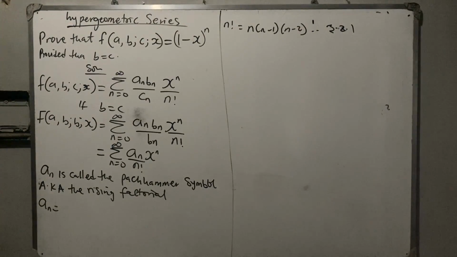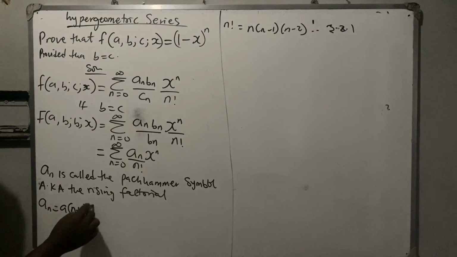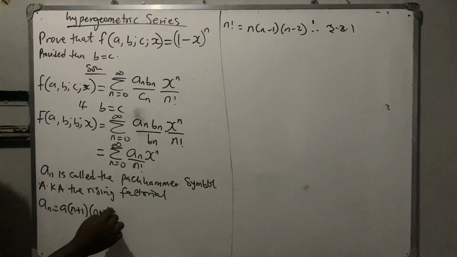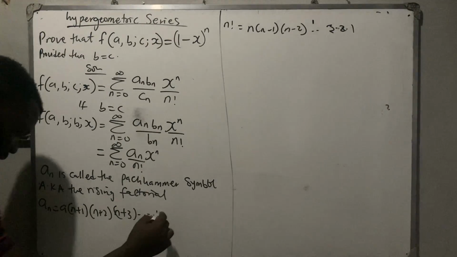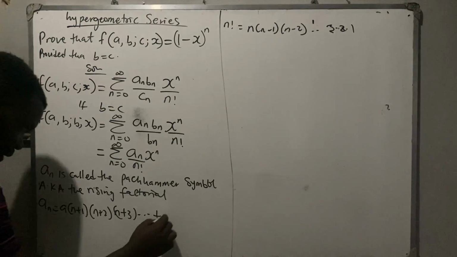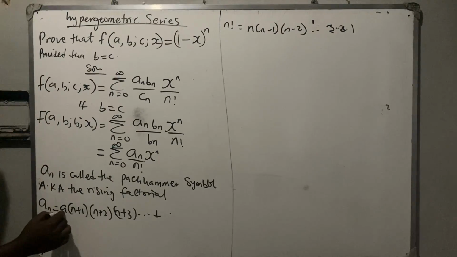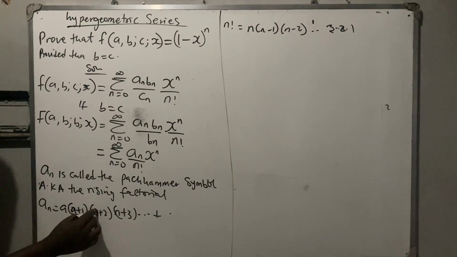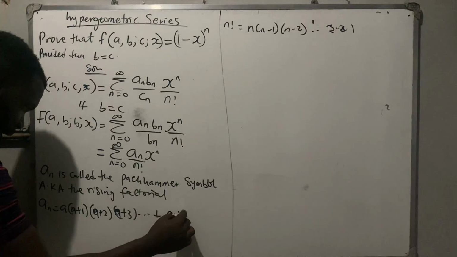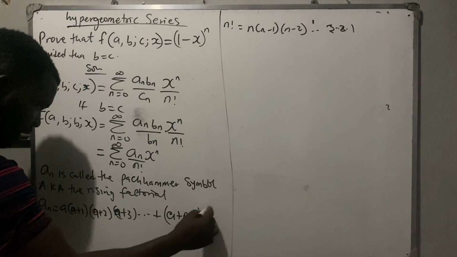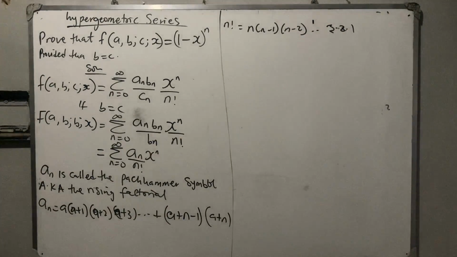So the rising factorial is given as a into a plus 1, a plus 2, a plus 3, into a plus n minus 1, something like this. It continues, so you keep adding 1, you keep adding 1, you keep adding 1.